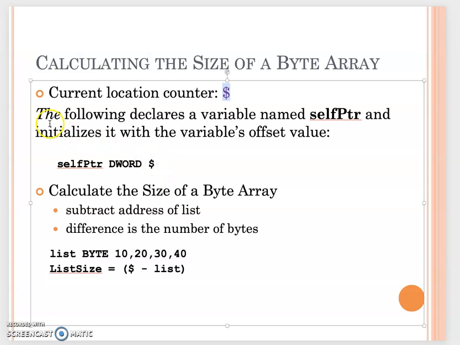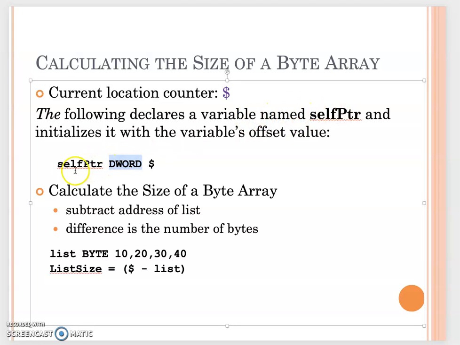For example, you see here the following declares a variable we call selfPtr. For this selfPtr, we define the size as DWORD, because we want to use it to store the current memory address. In a 32-bit environment, the memory address is 4 bytes.